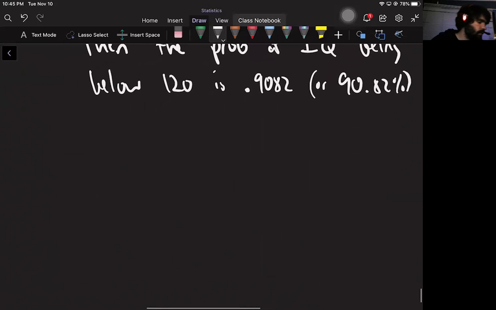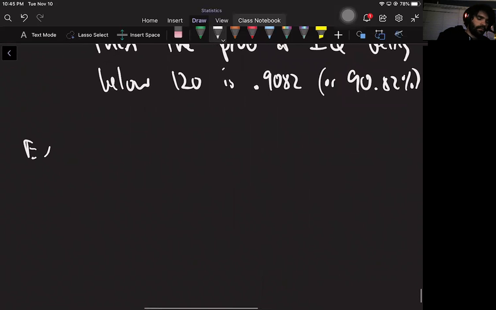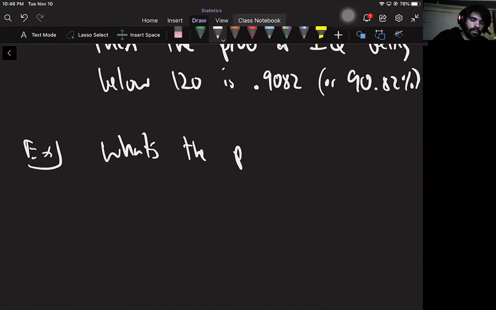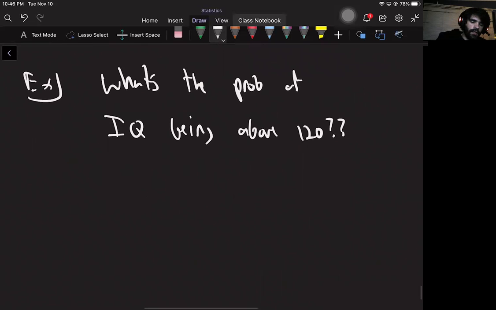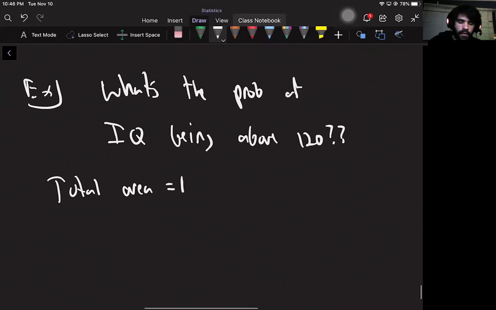So I could do one more question. Using all the same information, I could say, what's the probability of IQ being above 120? Well, the trick is that the total area equals 1.